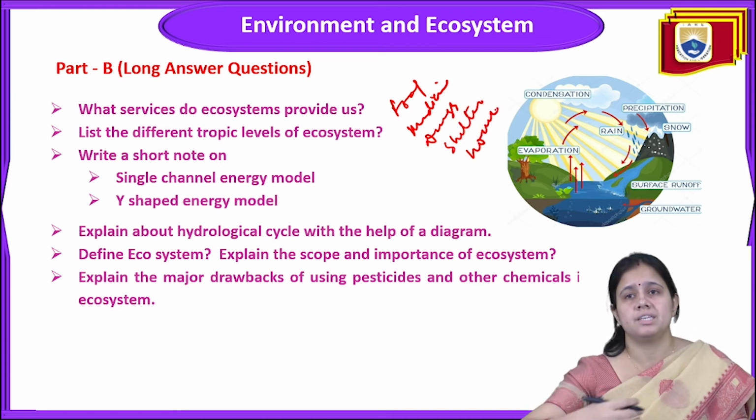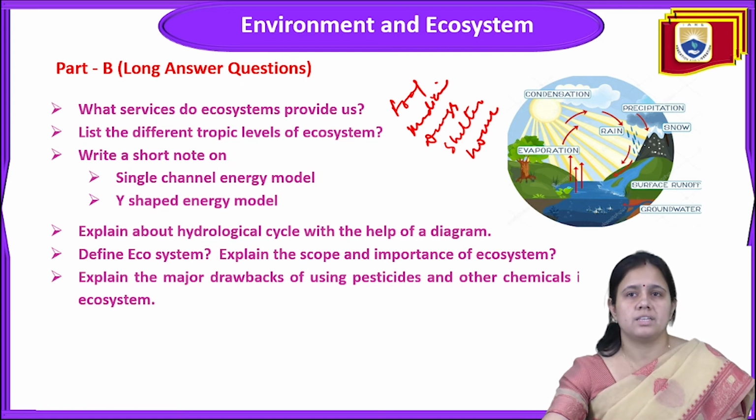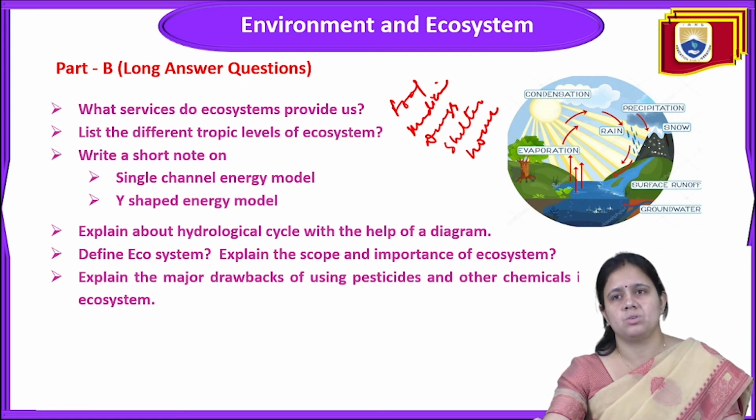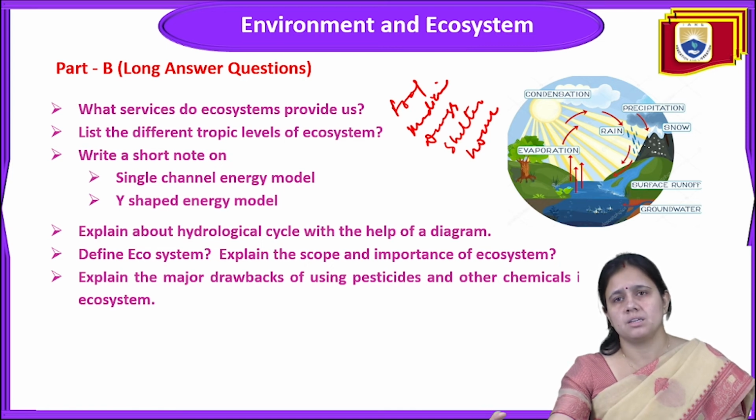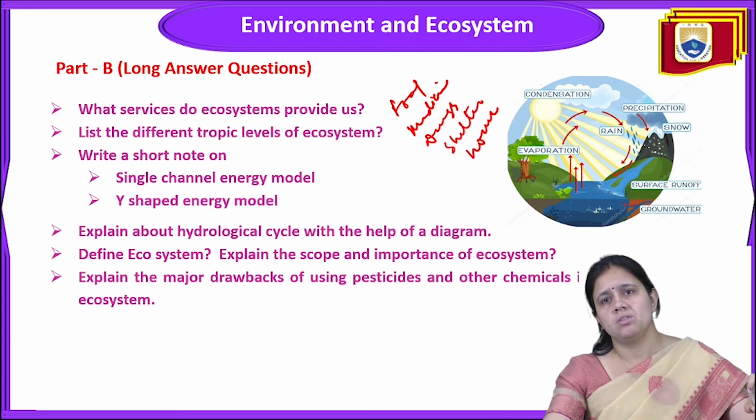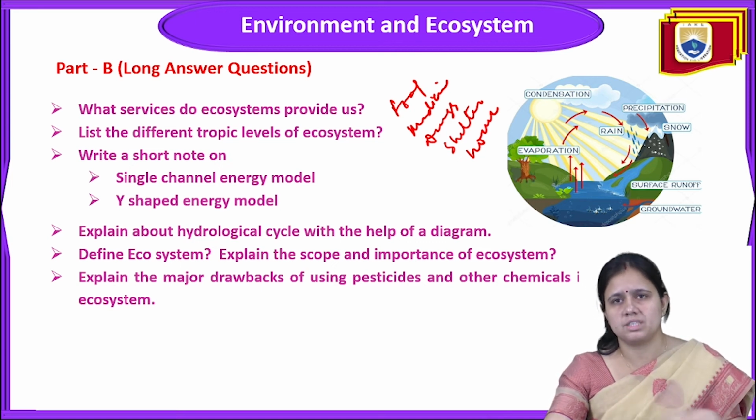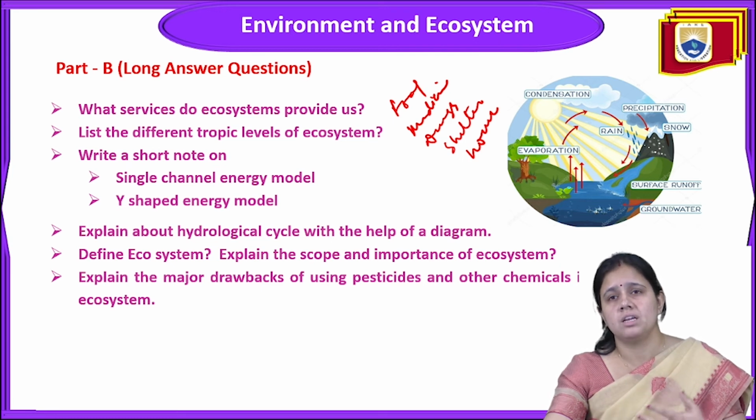Everything that we get from the ecosystem is called the services that we get from the ecosystem. Sometimes it will be consumptive use, and sometimes productive use. Consumptive use means we use it for the sake of our livelihood, and for productive use you get economic benefits from these ecosystem services.